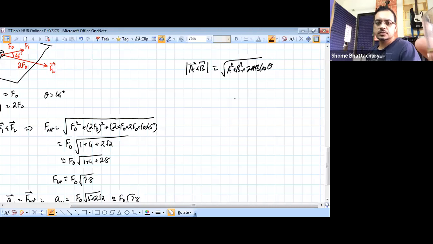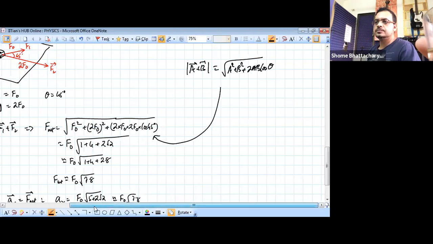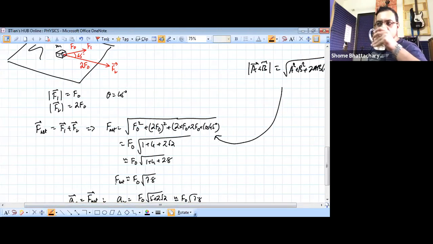You understood? We use cos theta, ना? यहाँ use तो किया. Hope this question is fully clear to you.